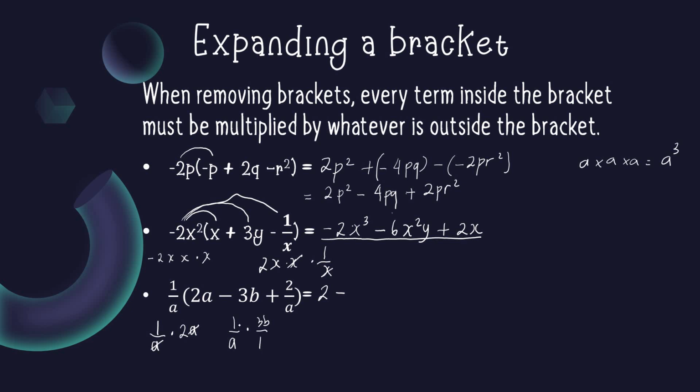This is out of 1. So you can find the answer 3b out of a. And then the last one is 1 out of a times 2 out of a. 1 times 2 is 2. Out of a times a squared. Like this.